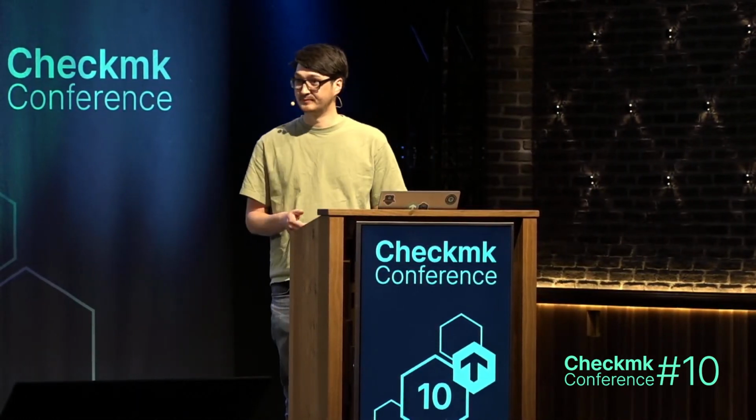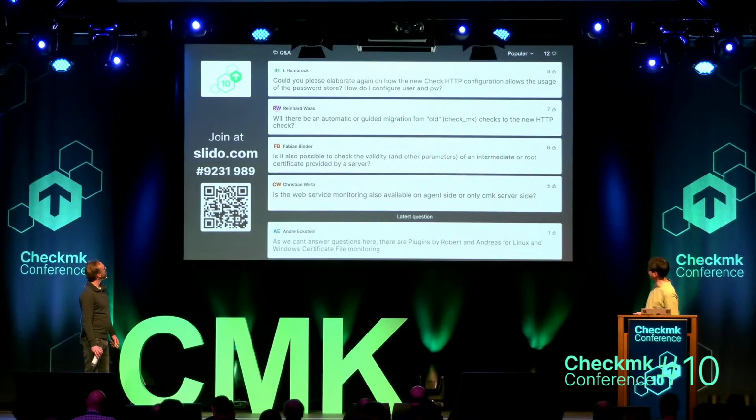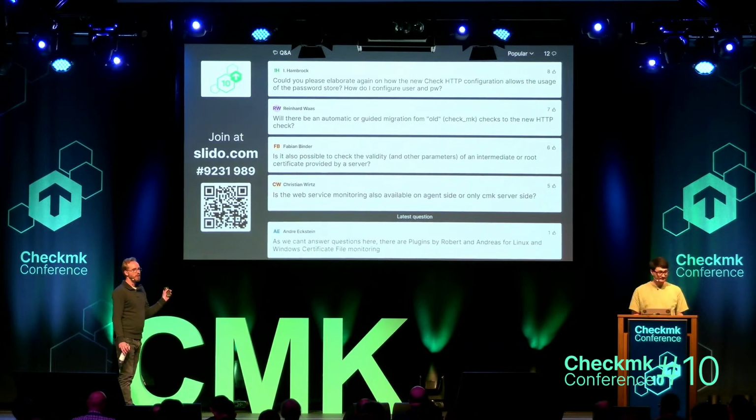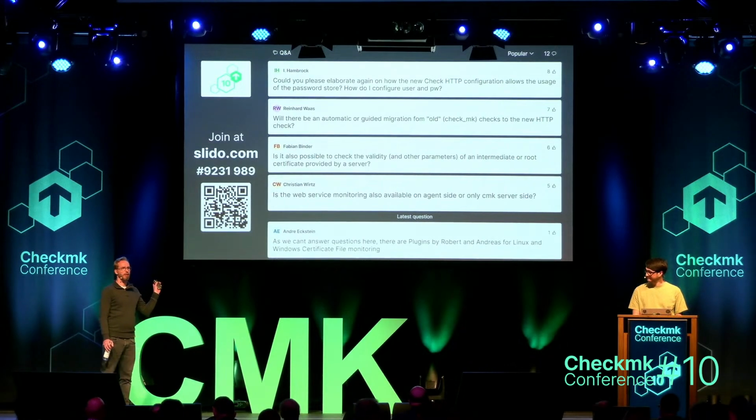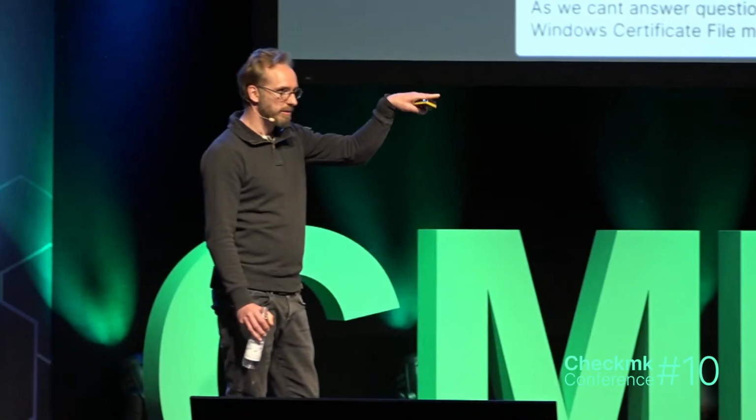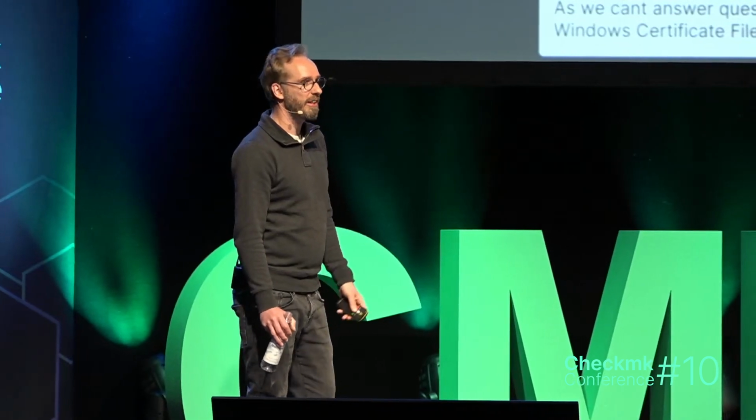From Ingo: how do I configure the password and user in the Checkmk configuration? I read a question that you got confused by one of the slides, how to add user and password. It's simply, there's an option called authentication.